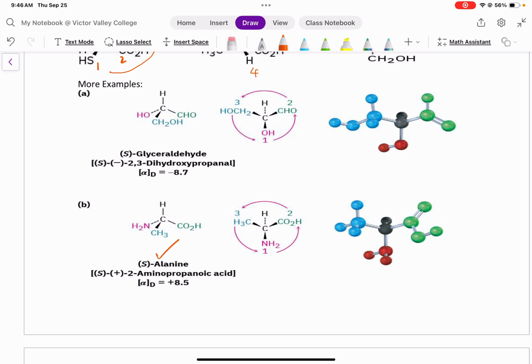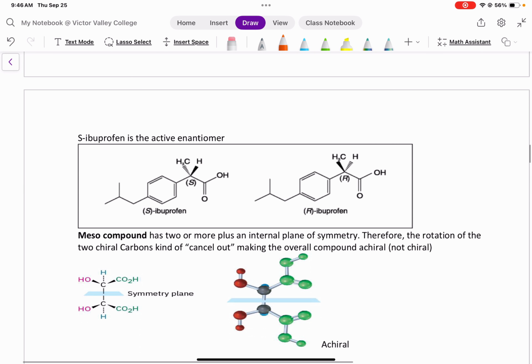That's S. Counterclockwise is S. We got S right here. This one looks like R, 1, 2, 3, hydrogen's 4. It looks like R, but it's actually S because hydrogen is toward the viewer.